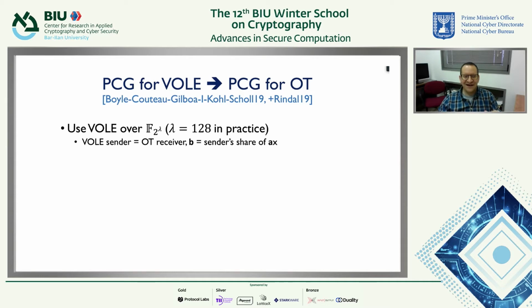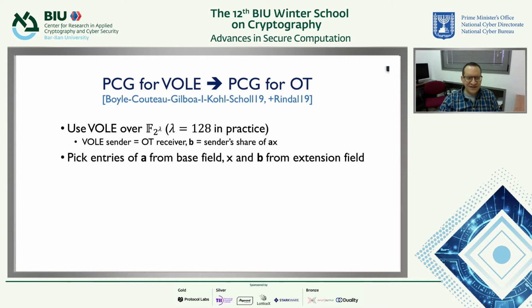So the main idea is that we specialize the vector A of the Vole correlation, so this is the vector of Alice, right, in the Vole correlation. We specialize the vector A such that entries are taken from the base field, so think of Vole over a field F_{2^128}.